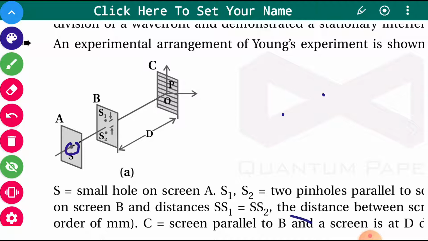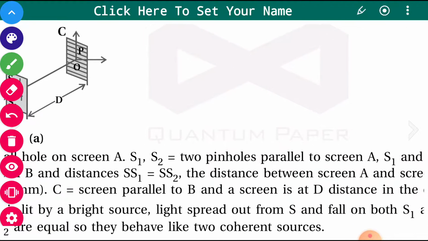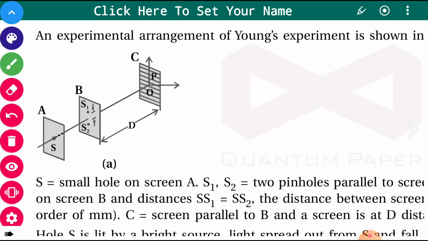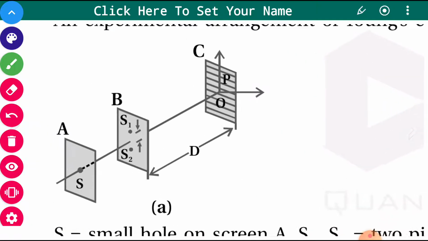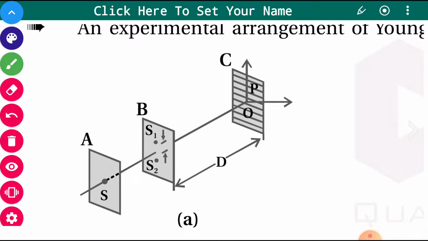S1 and S2 are the two pinholes. Two holes are there parallel to the screen A. So here there are two other pinholes, which are shown in this figure. S is the first hole, or we can say pinhole, and from this the light is incident, and there are two other pinholes S1 and S2.